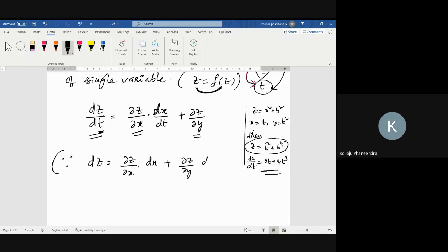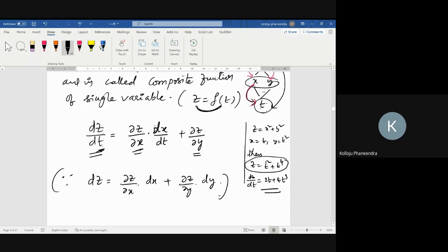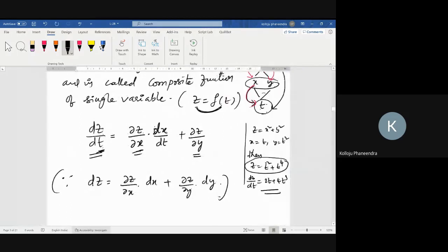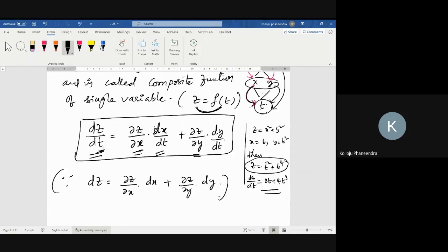Now derivative with respect to t, so dx by dt, and remember x is a function of single variable. That is why it is an ordinary derivative here also. Now y is also a function of single variable. Therefore, I must write dy by dt. This is called the total derivative of a composite function of single variable.